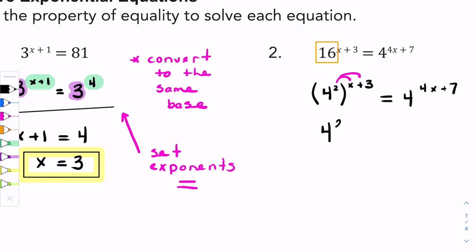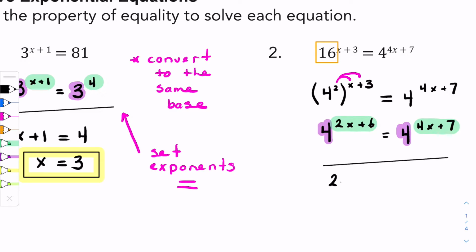I have 4 raised to the power of 2x plus 6 is equal to 4 raised to the power of 4x plus 7. Now that I have a common base of 4, I can set those exponents equal to one another, and my solution will be found by 2x plus 6 is equal to 4x plus 7.